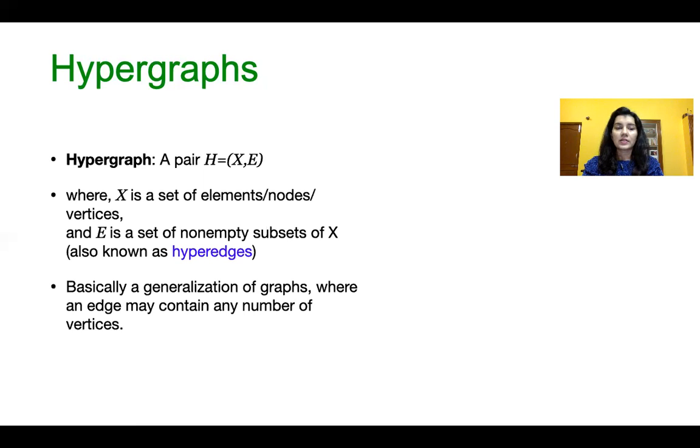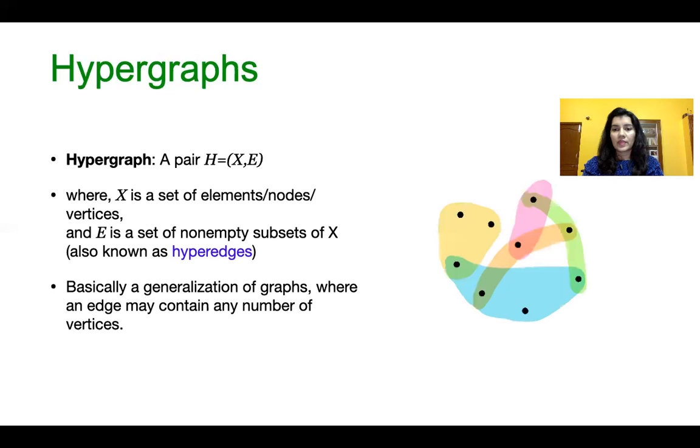Hypergraphs are basically generalizations of graphs, with the feature that a hyperedge can contain any number of vertices. Consider the diagram here. We just have some nodes or vertices, and we have these shaded areas which form the hyperedges.